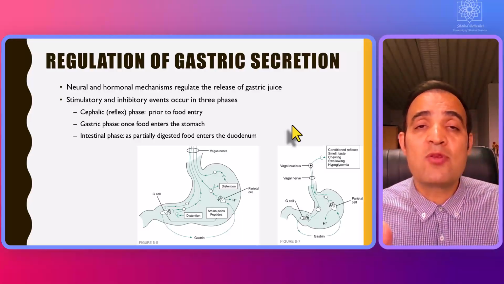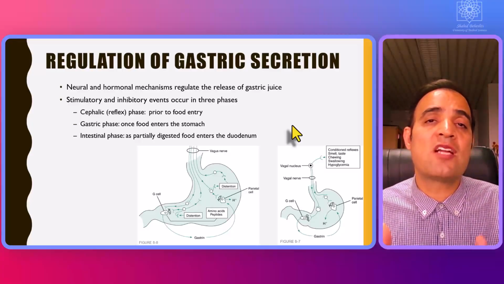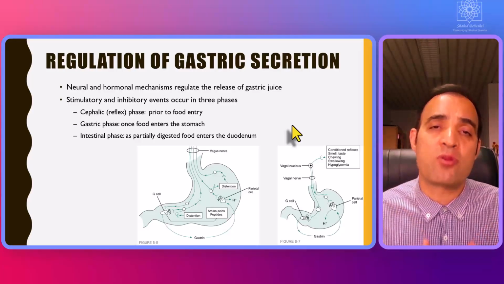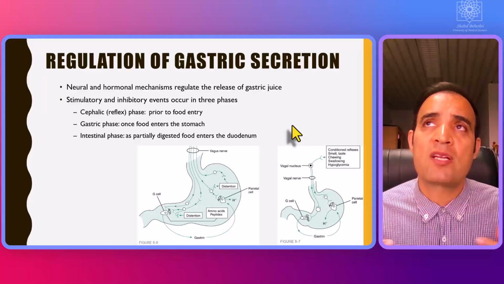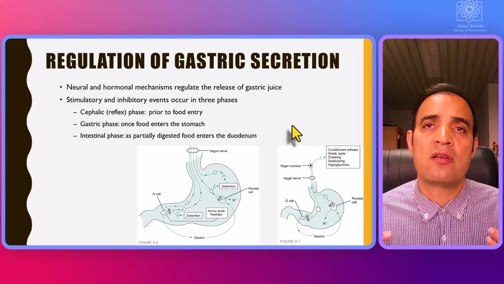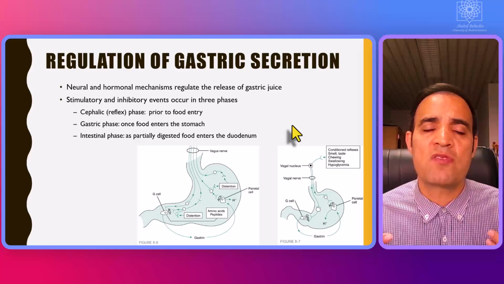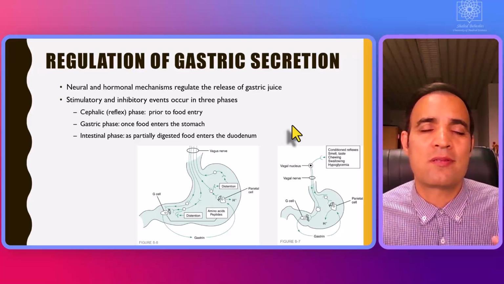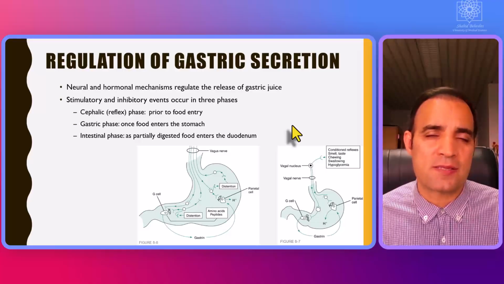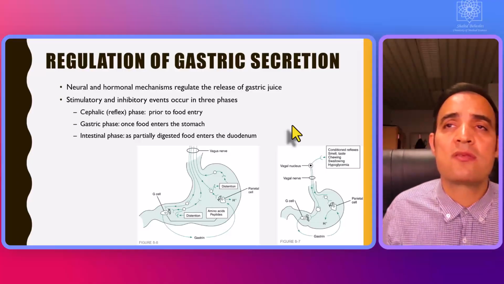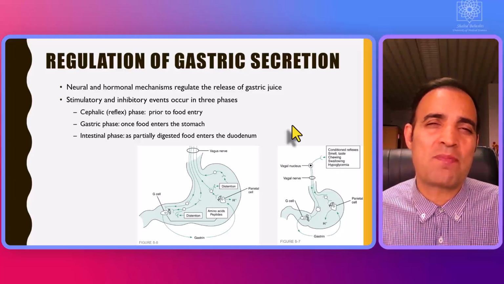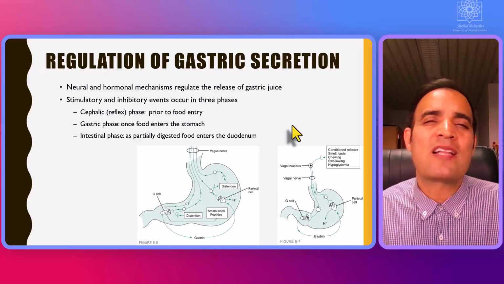But let me tell you that the cephalic phase is not always stimulatory. Sometimes it is inhibitory. For example, when you are very distressed, or you are depressed, or you are very hungry but you see a scene that is very bad for you, food that you do not like.